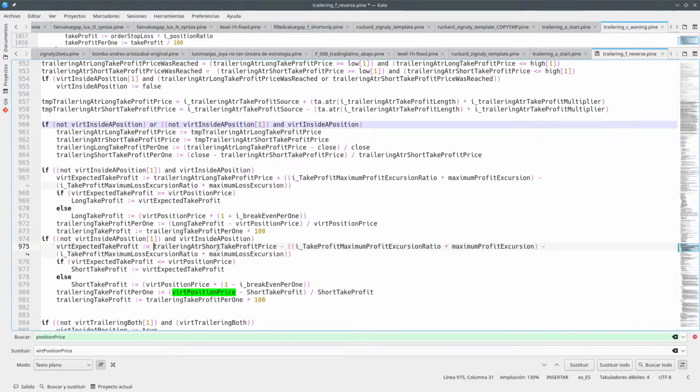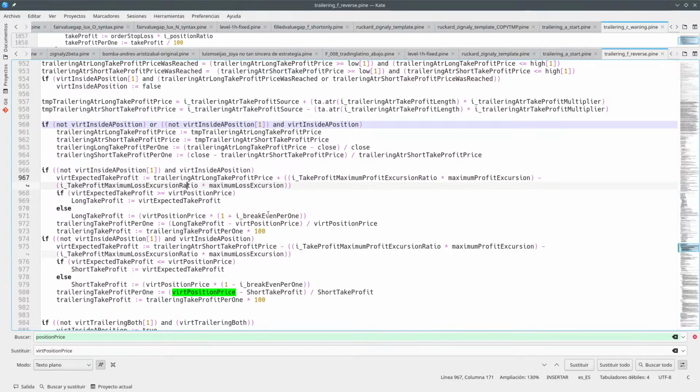So this is the initial take profit minus whatever we want to have. Oh, wait a moment. Is this right or not? So here the take profit goes up, here it goes down. Yeah, that makes sense.